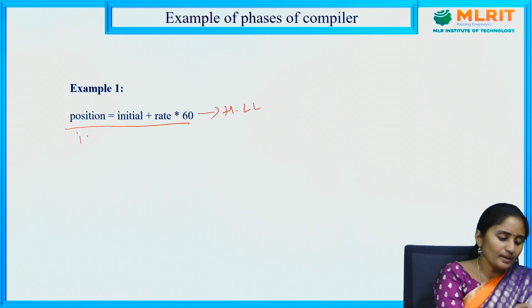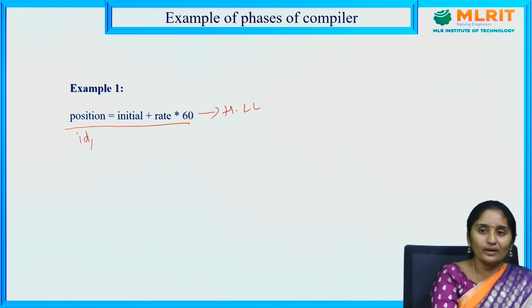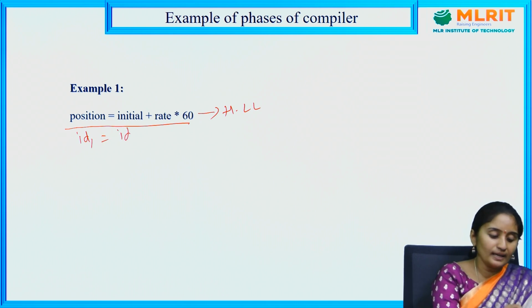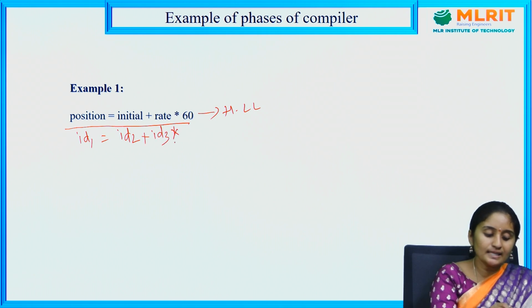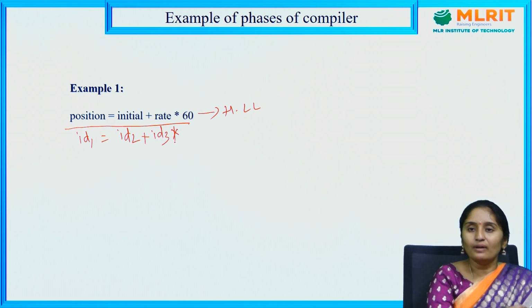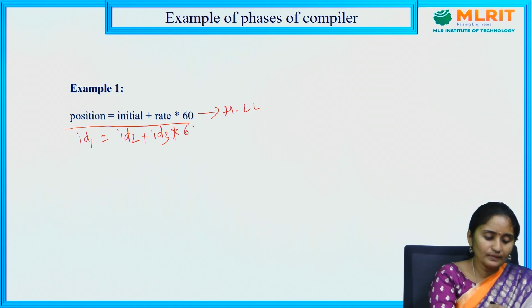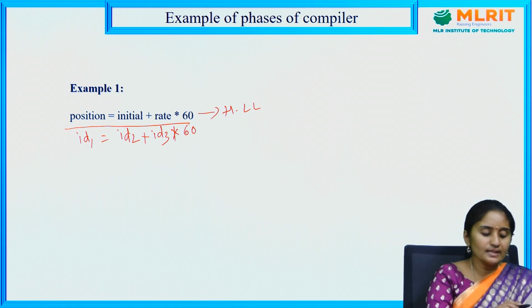Position is an identifier id1, equal to is an operator. Next, initial is identifier id2, plus is an operator, rate is an identifier id3, and 60 is a constant. So this is the lexical analyzer phase.